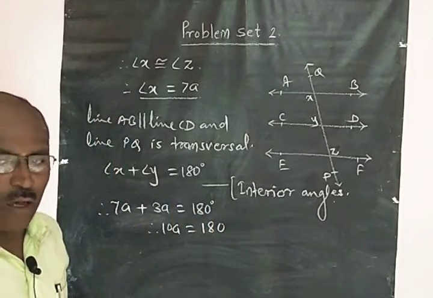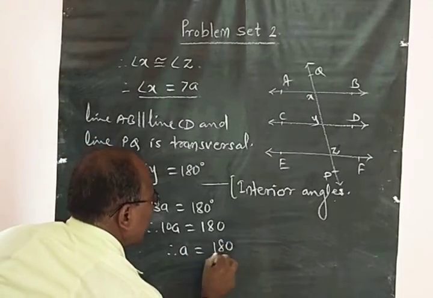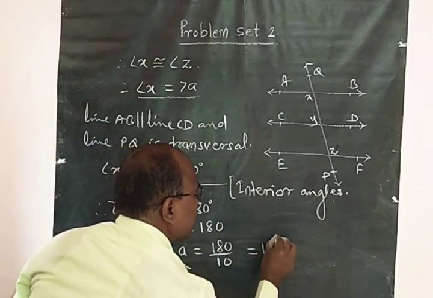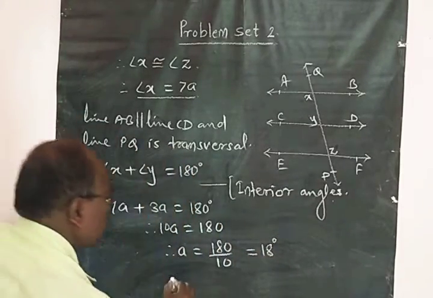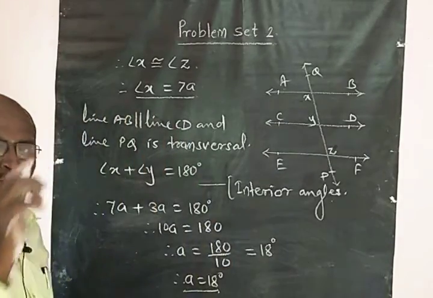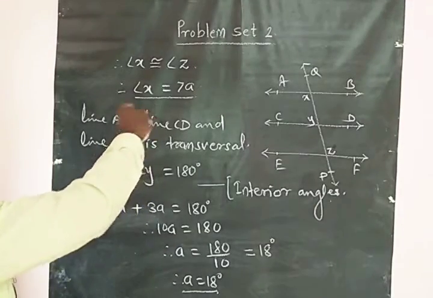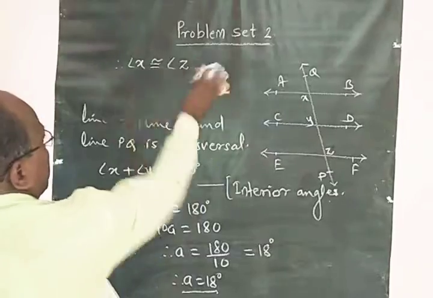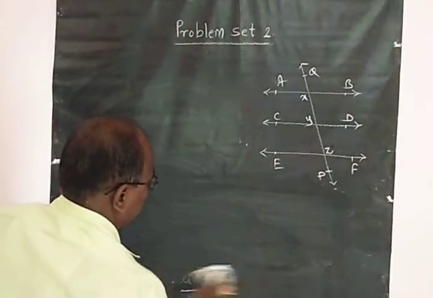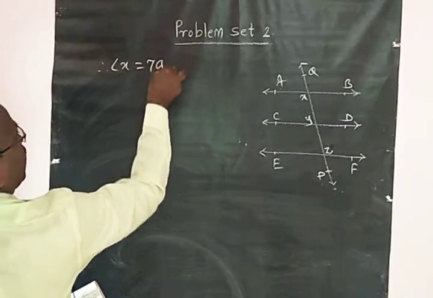Now divide by 10 on both sides. So what will we get here? A is equal to 180 divided by 10, that is 18 degrees. So a is equal to 18 degrees. What is to be found here? The angle X. Angle X is 7a.